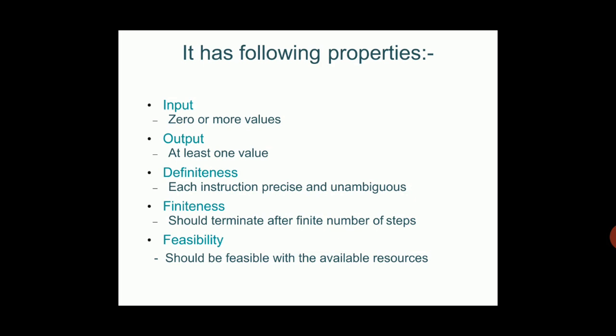That is called the finiteness of the algorithm. For example, think you have a printer and you give a command to print your notes or some document of 5 pages.